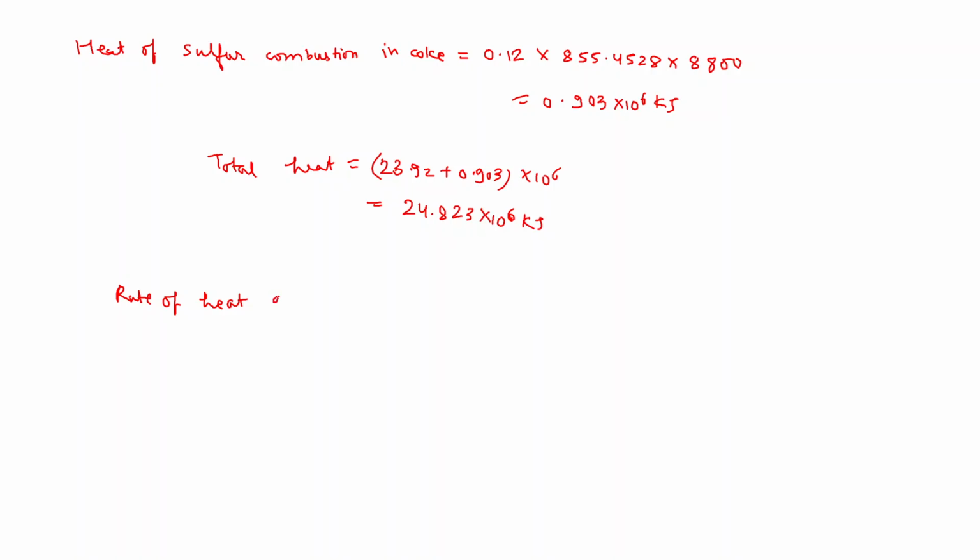Now this heat will be used for the production of steam. So rate of heat gained by steam will be m Cp delta T, which is T out minus T in.